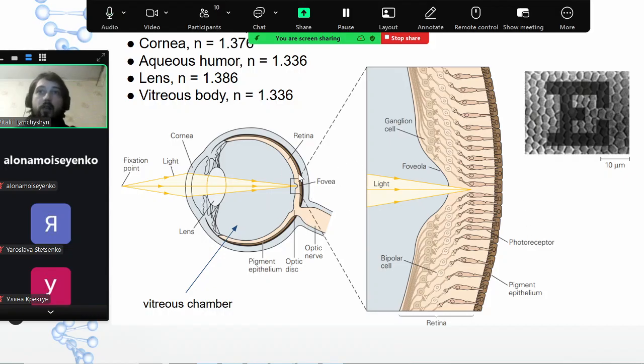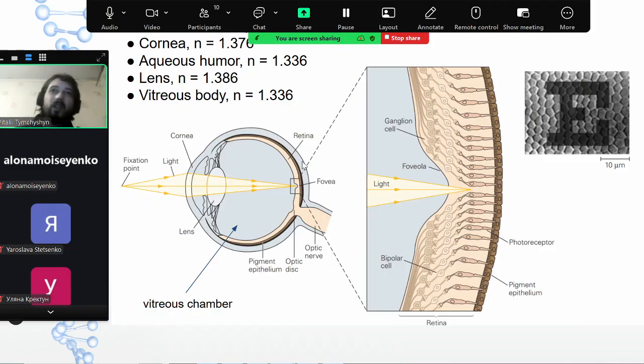So the fovea contains a lot of cones and just a little bit of rods, or almost none. So here we have the best color vision that we may have.